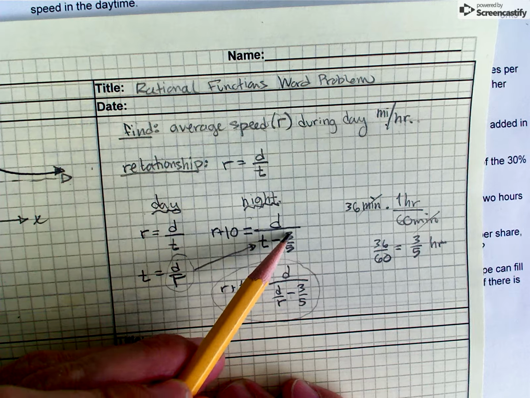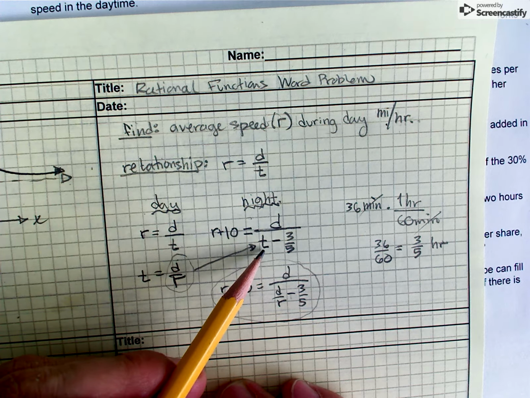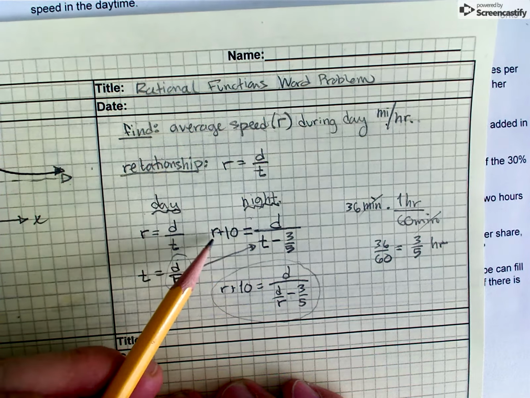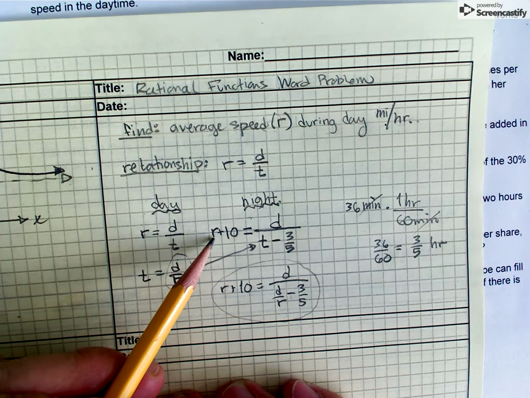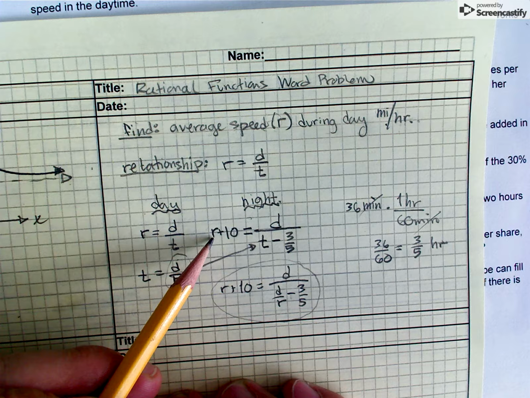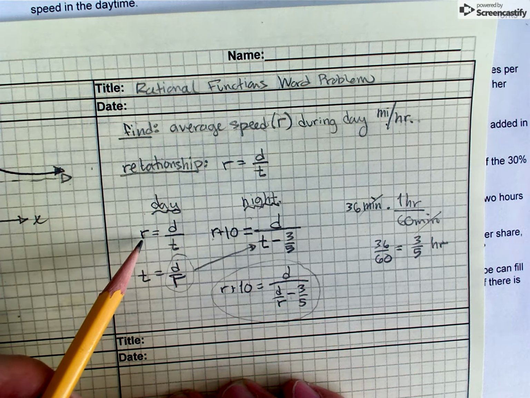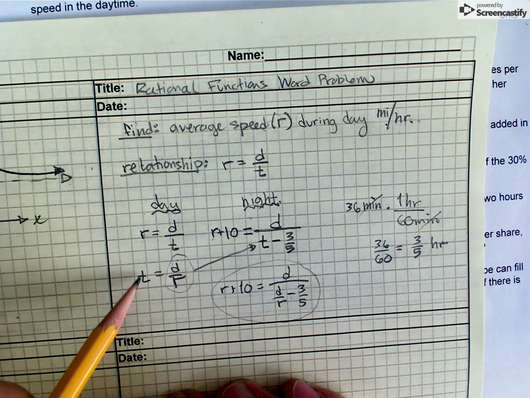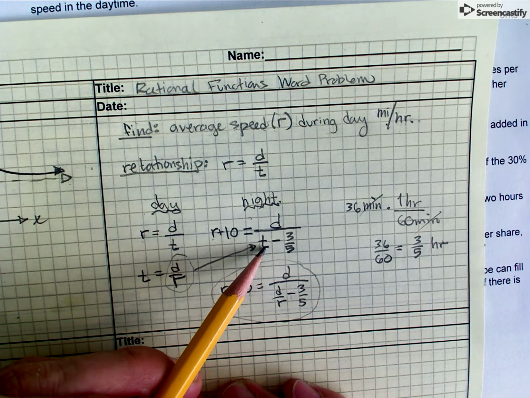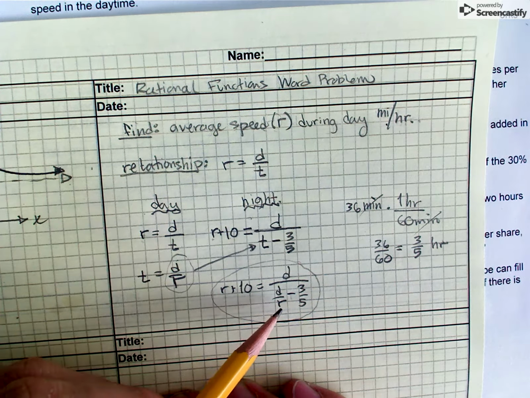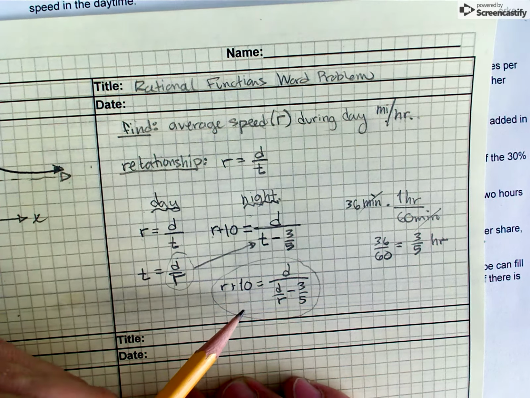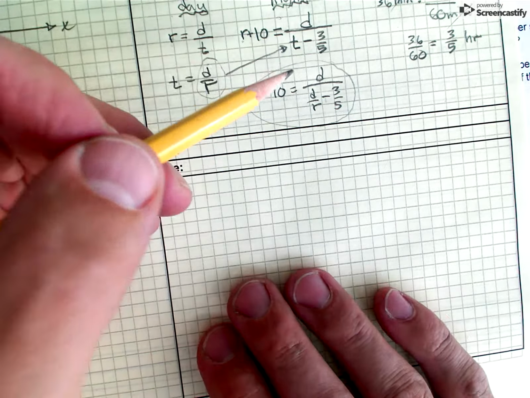Also, at nighttime, it takes 3/5 of an hour less time to do the same trip than it did during the day. And the rate of speed of the trip at nighttime is 10 miles per hour faster than it was during the day. And we solved for t over here so that we could eliminate this t using substitution. And now I'm left with this rational equation that I need to solve, and I'm going to do that down here.